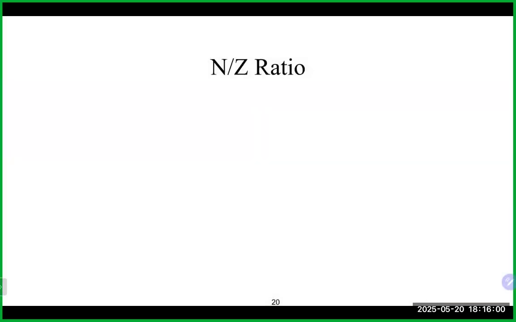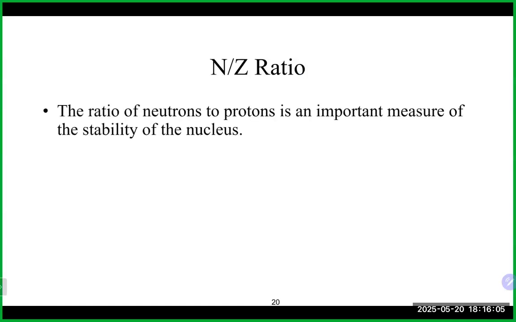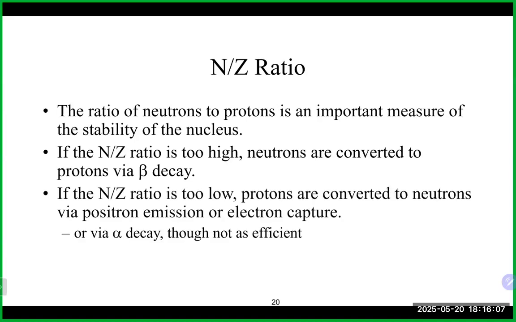All right, then we're going to talk a little bit about stability. And one of the ways that we could look at the stability of an isotope is through what's known as the N to Z ratio. N is our neutrons. Z is the atomic number, which is basically our protons. So basically our neutron to proton ratio.